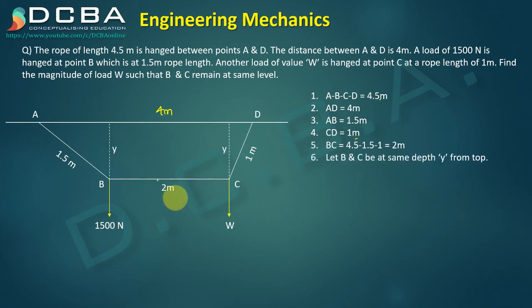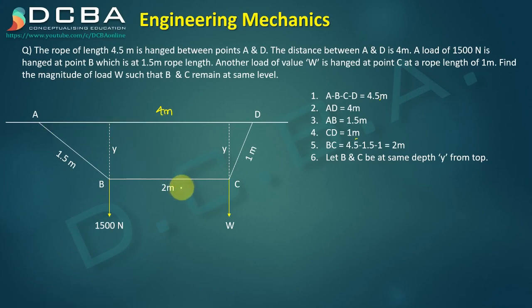Now, since we want point B and point C to be at the same level, we will start with this assumption itself that both are at the same level, and then we will find the load W. When we start with this assumption, only then we will get the load W required for it, right? So we will say that both are at a level of Y from the top chord.